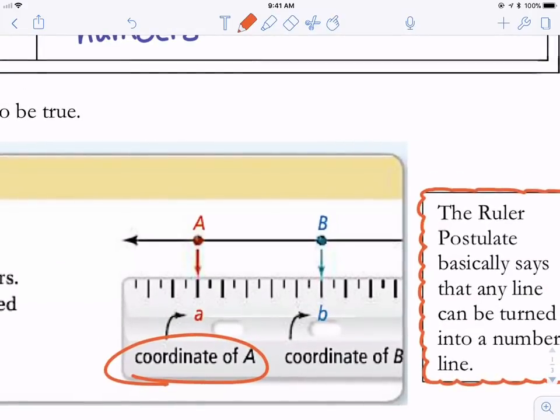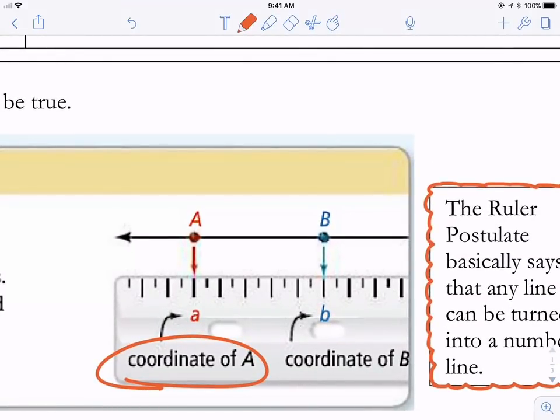So say, for example, let's say on a number line here actually. So maybe the coordinate of point X is at 5. And then maybe the coordinate of point Z is at, let's say 9.